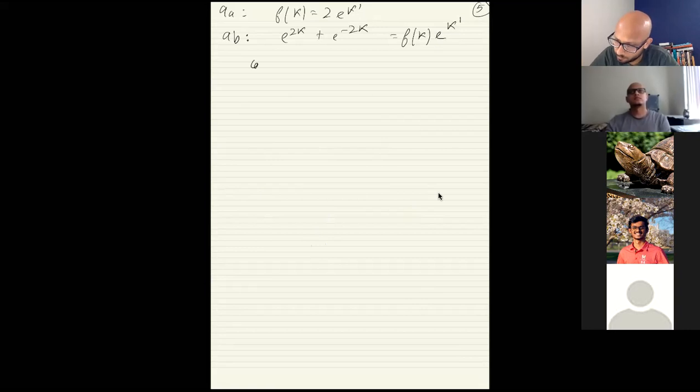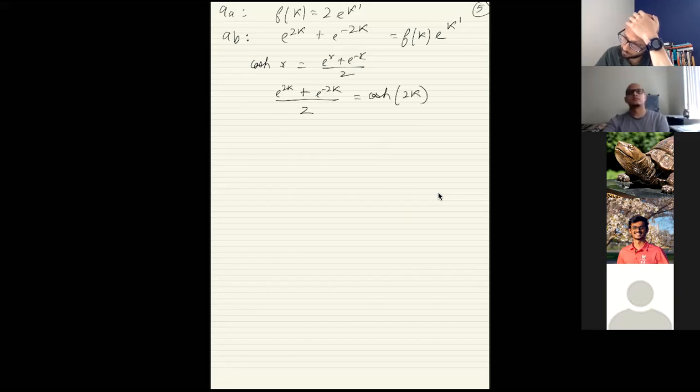So what is being said is that cosh of x is e to the power x plus e to the power minus x by 2, right? So e to the power 2k plus e to the power minus 2k by 2 is hyperbolic cos of 2k. Everybody agrees? Okay, great.